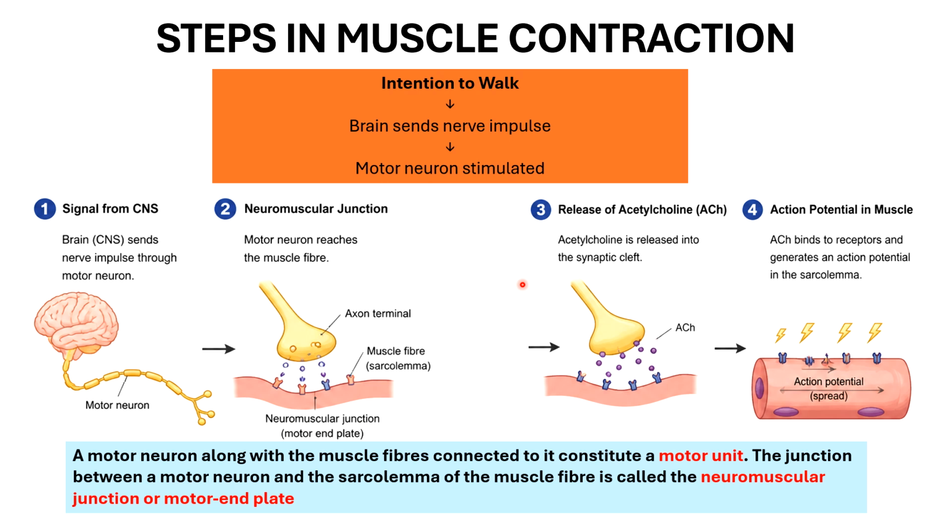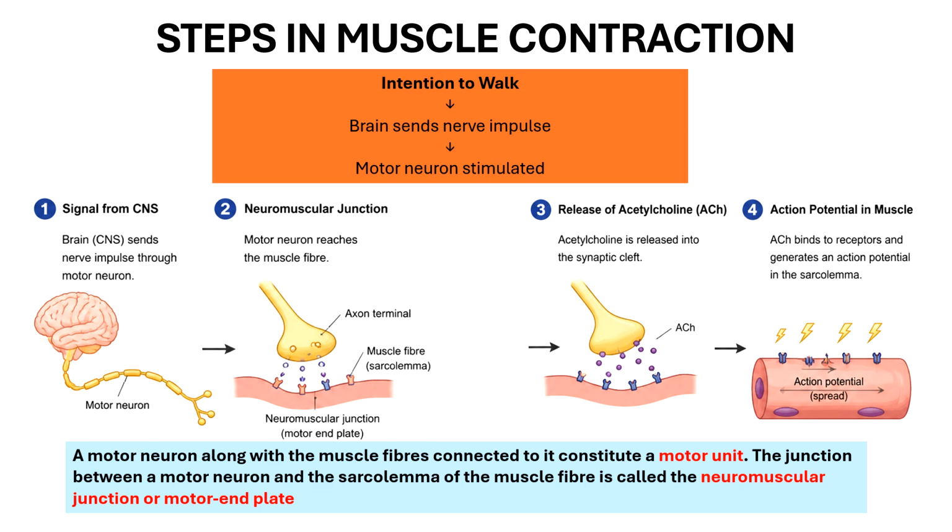So what happens after the neurons receive the signal, they release a chemical messenger called acetylcholine. This acetylcholine binds to the receptors that are present on the surface of the sarcolemma, or the plasma membrane of the muscle fiber. So this acetylcholine released binds to the receptors and generates an action potential on the sarcolemma.